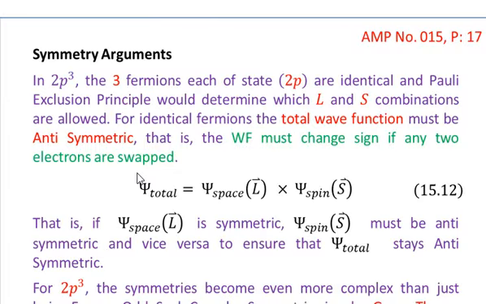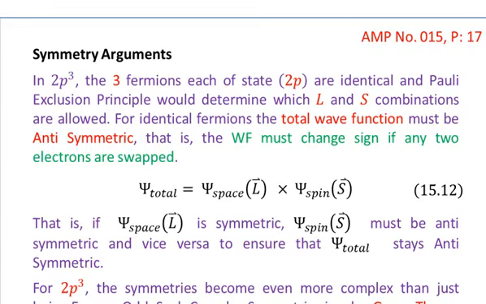So if you construct a wave function for a 2 electron system or for a 3 electron system, if you swap any 2 electrons, the wave function must change its sign. Such a system is called an antisymmetric system. So for our 3 fermions, since identical, the symmetry arguments require that our wave function should be antisymmetric.